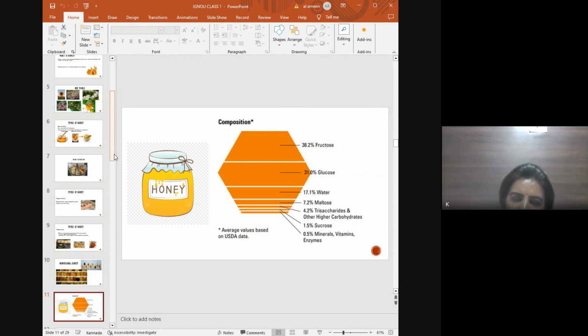So it has 38% fructose, and it has glucose. Then the moisture content in honey is always less than 20%. In this diagram, this is 17. It is always less than 20%. It has maltose, trisaccharides, sucrose, and lots of vitamins, minerals, enzymes.